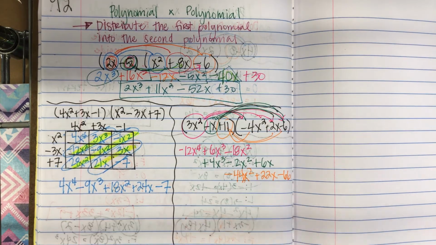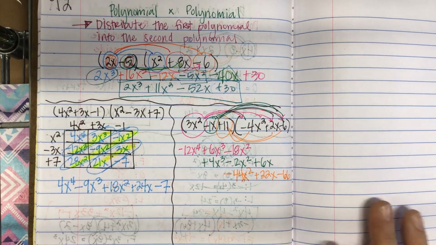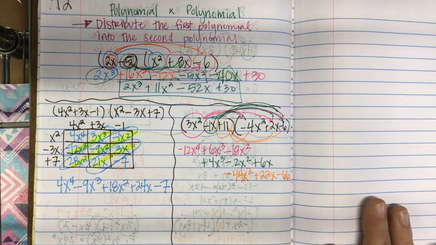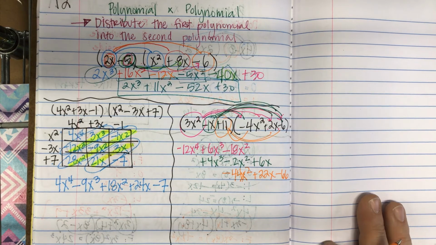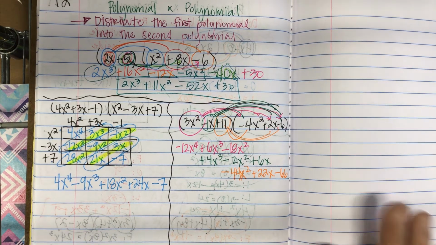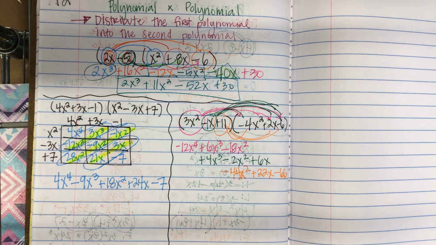So here's another way of stacking it. Instead of writing it all in one big line, every time I get something that already matches, it requires you to pay attention to what term you already have written down.